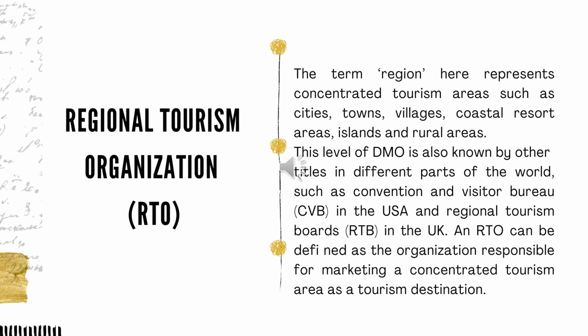Next we have the Regional Tourism Organization, or RTO. The term regions here represents concentrated tourism areas such as cities, towns, villages, coastal resort areas, islands, and rural areas. This level of DMO is also known by other titles in different parts of the world, such as Convention and Visitor Bureau in the US and Regional Tourism Board, RTB, in the UK, defined as the organization responsible for marketing a concentrated tourism area as a tourism destination.